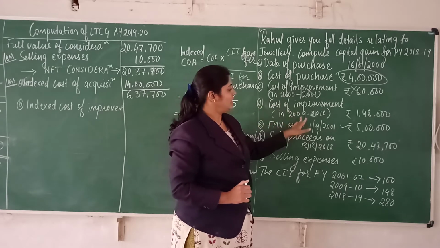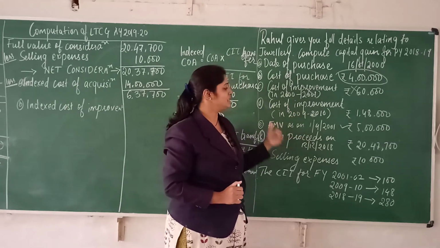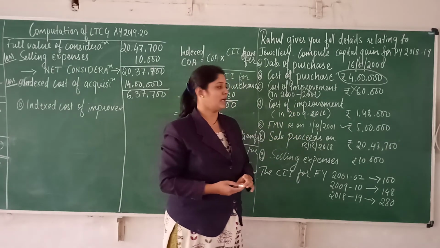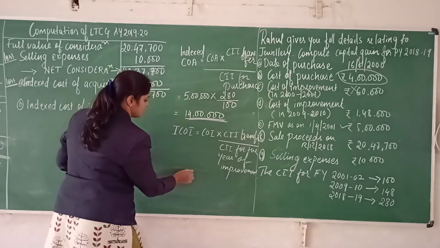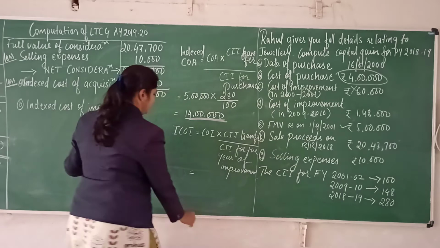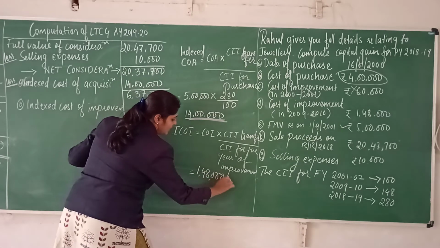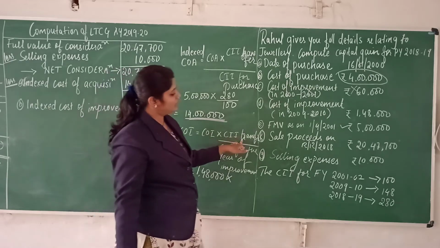This is done in the year 2009-10. So only one cost of improvement we can take, which is done after 1/4/2001. So let us take cost of improvement 1,48,000 into CII for the year of transfer.